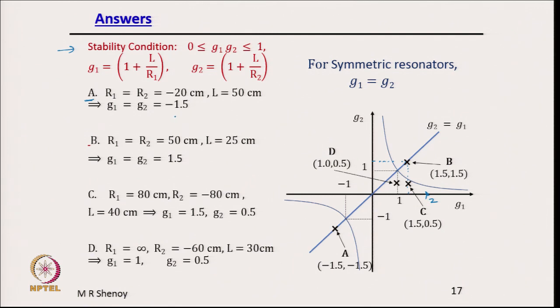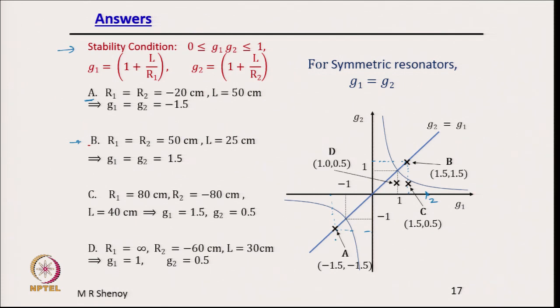This is minus 1.5 here, the point A is here, minus 1.5, minus 1.5, whereas for B it is 50 centimeter and L is 25 centimeter, we get G1 is equal to G2 is equal to 1.5. So, that is in the positive quadrant, and this is in the third quadrant, minus 1.5 and minus 1.5.